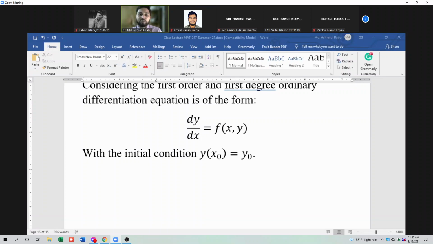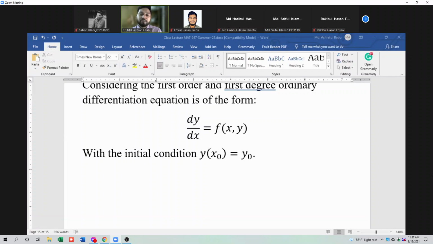So first of all, we consider y equal to y of x as the equation, with dy/dx equal to f of x, y, which is given in our differential equation. And in that case we have to consider another term that is called h.